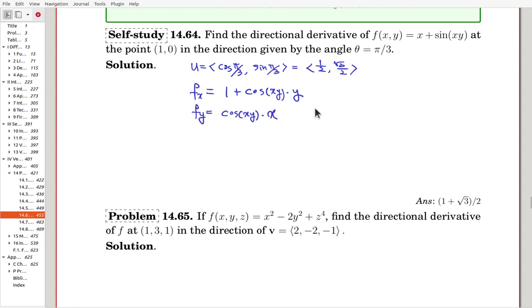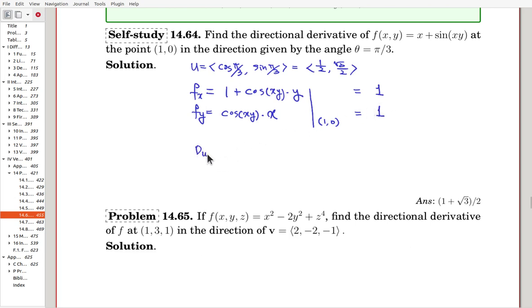Now we use the point, which is (1, 0). Then x is 1, y equals 0. This will be 0, so that is 1. Cosine 0 is 1, x is 1, so that is 1. So f sub x and f sub y are both 1.